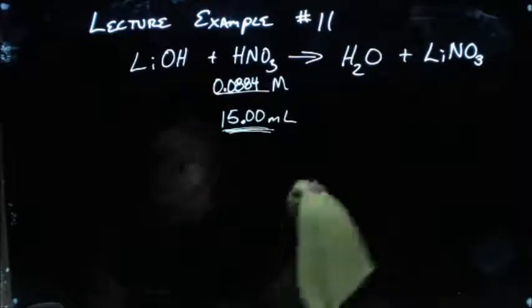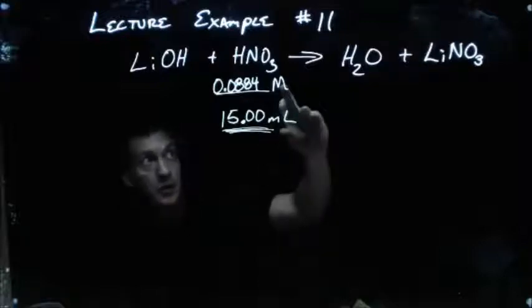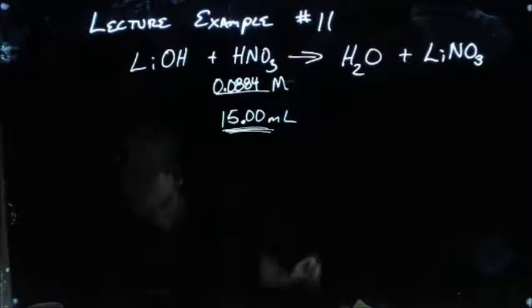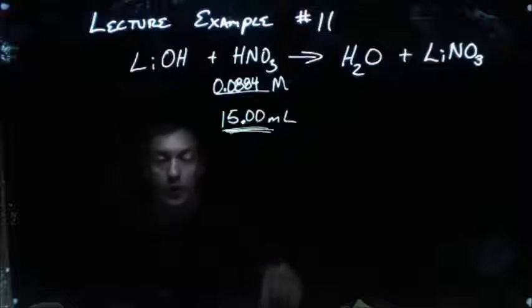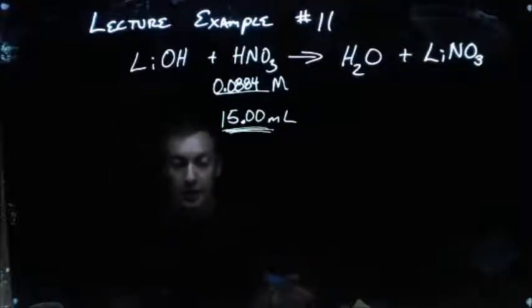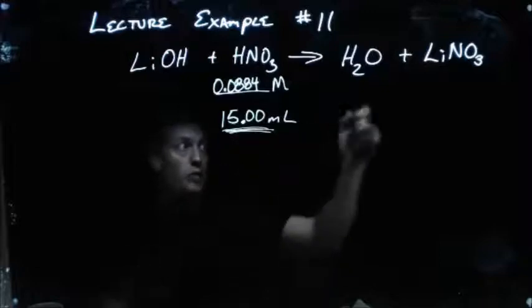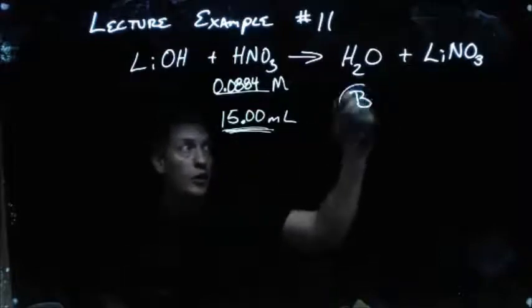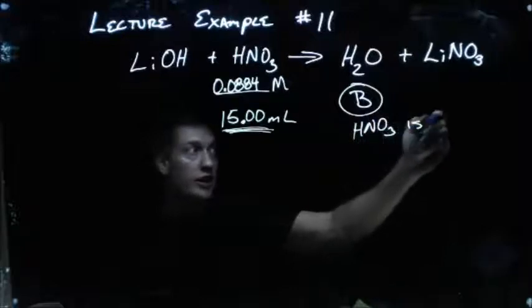All right, for part B of number 11, using the information we got from the first part, find the pH when only 7.4 milliliters of base have been added. Well, we know that 7.4 milliliters is insufficient to neutralize the acid. So for part B, we know that the nitric acid is in excess.